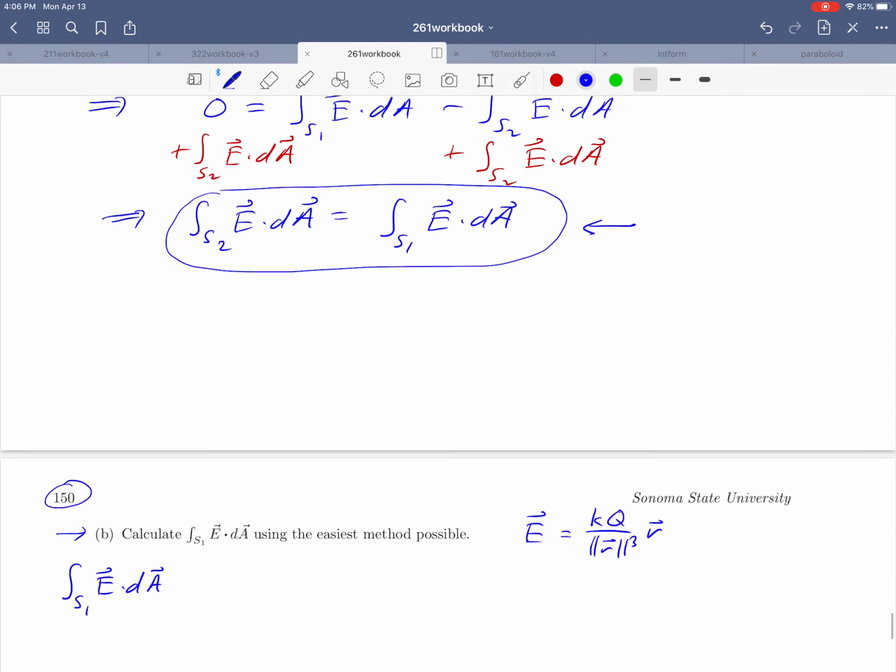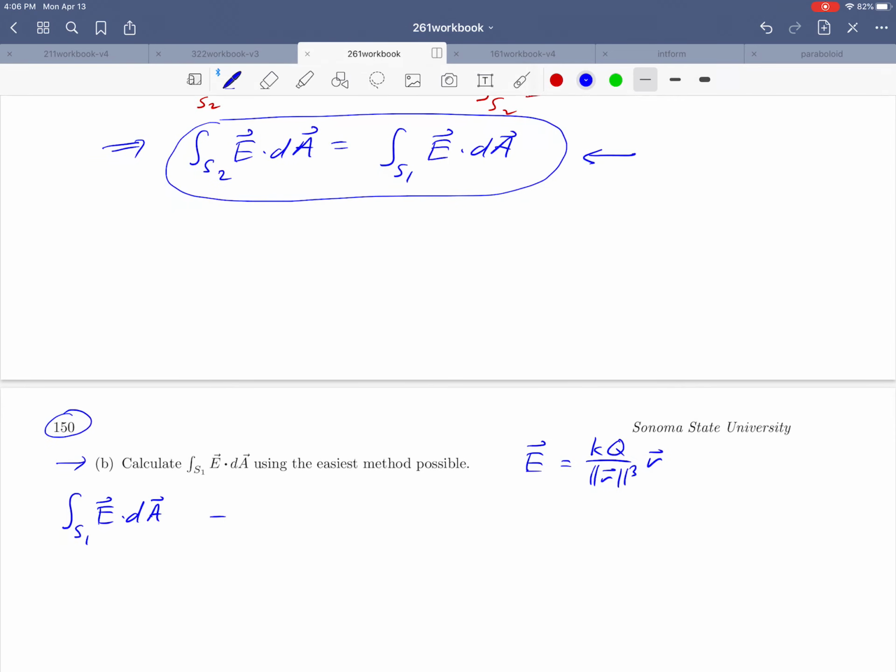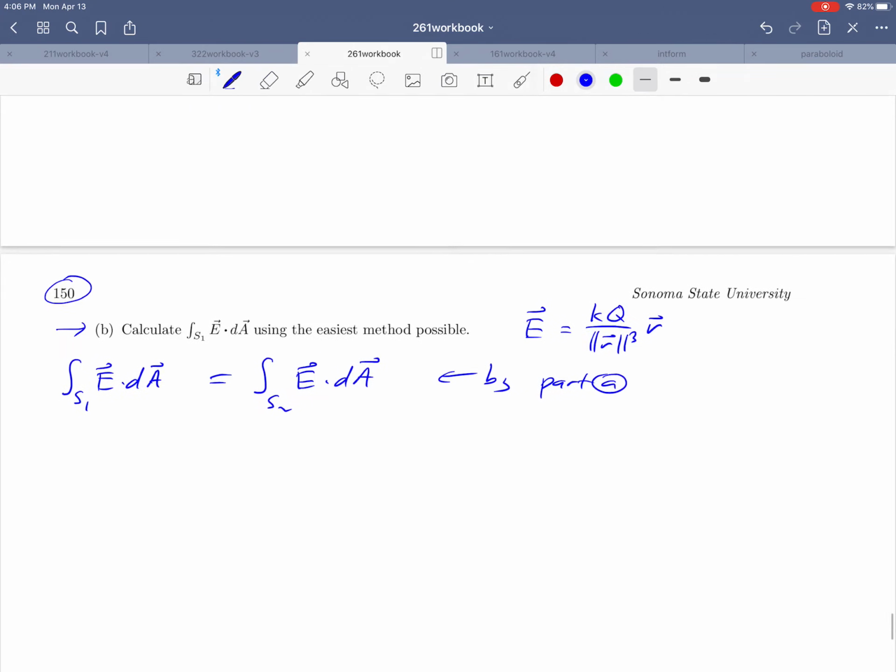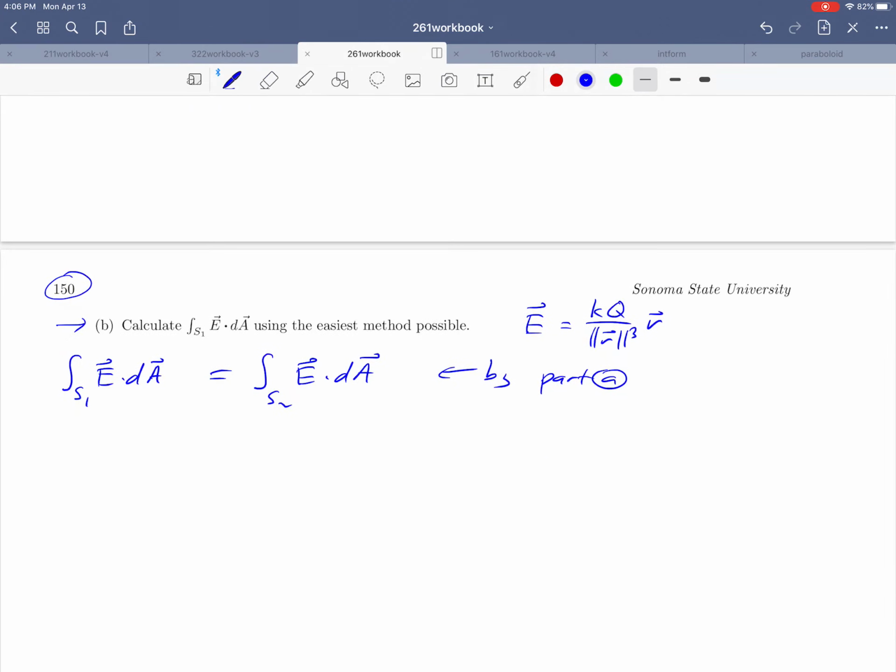So we're going to start by just noting that we can do that. We can just replace the harder integral with the easier one. That was the whole point of doing part A. Then we'll remind ourselves of a general formula for the flux integral.